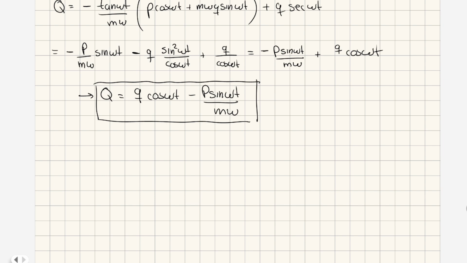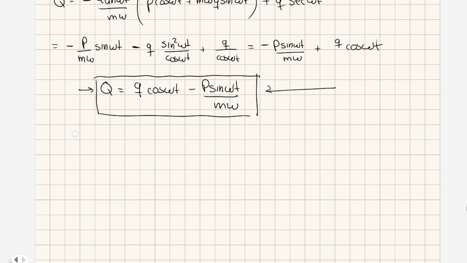So we are going to start by solving this equation for the little q. So we are going to get that q is, it will be the upper Q plus little p sine omega t divided by m omega, all divided by cosine omega t, which is going to be equal to Q secant omega t.